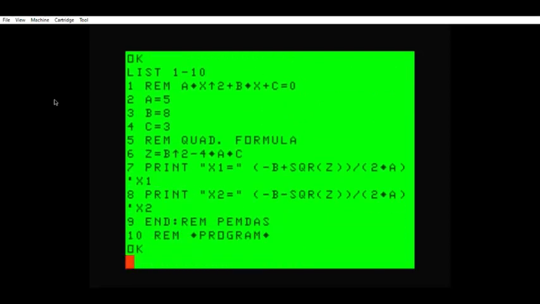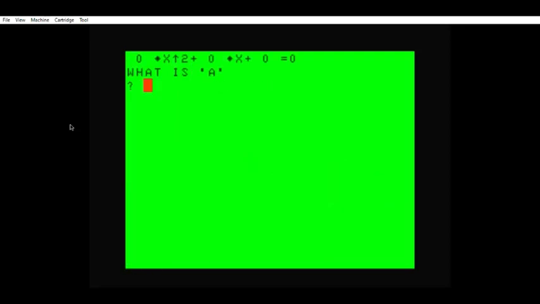All right, so what happens here is, you know what I'm gonna do? I'm gonna run the program first instead of picking it apart right now. So I'm gonna use the same example that I showed you before.